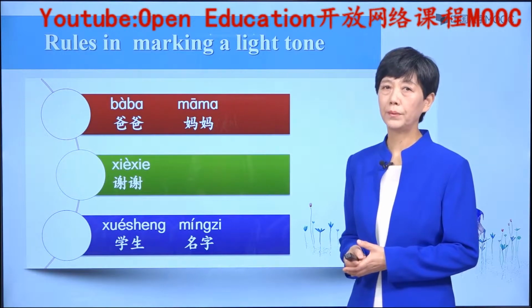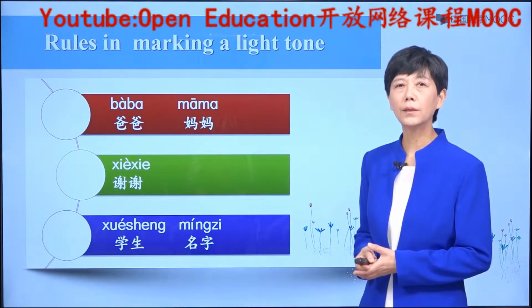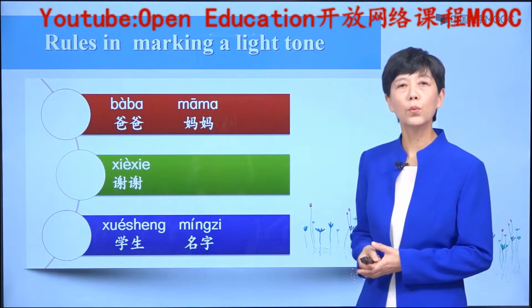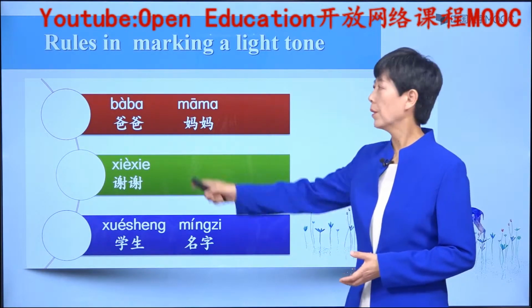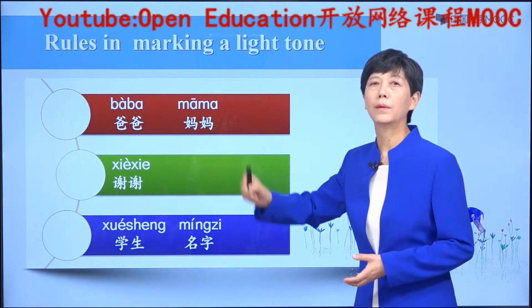When does this happen? In most cases, the light tone will appear at the end of a word when we call a family member like 爸爸, 妈妈.